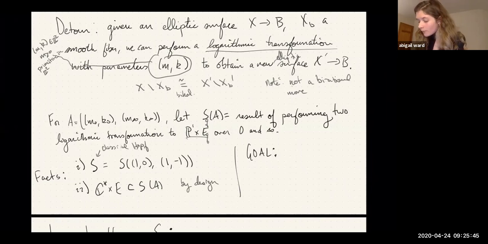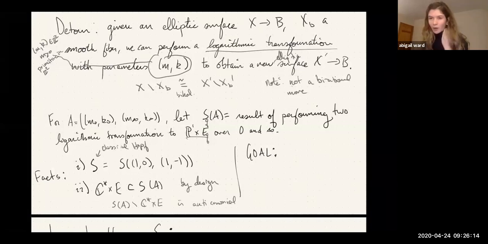So C star times E embeds into S, this S of A, and I want to say S of A minus C star times E. So this is some divisor. This is anti-canonical. And then I probably want to say with its reduced scheme structure.